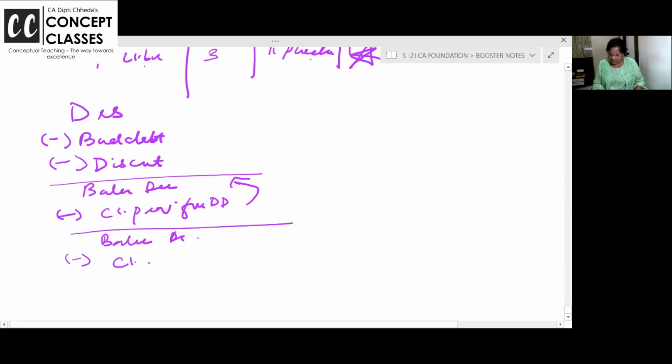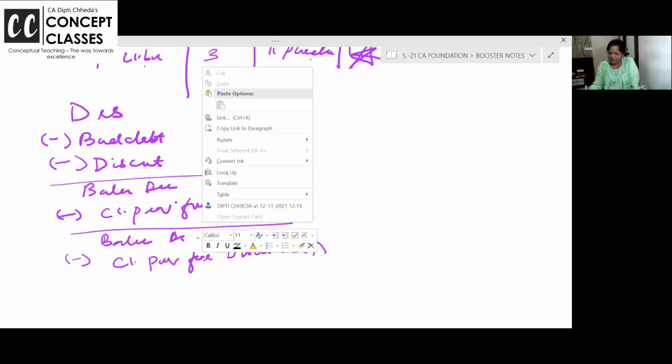Minus closing provision for doubtful debts भी लिखो, minus closing provision for discount on debtors. Listen, we will not give any discount to doubtful debtors. If you want, you can write the figures also.